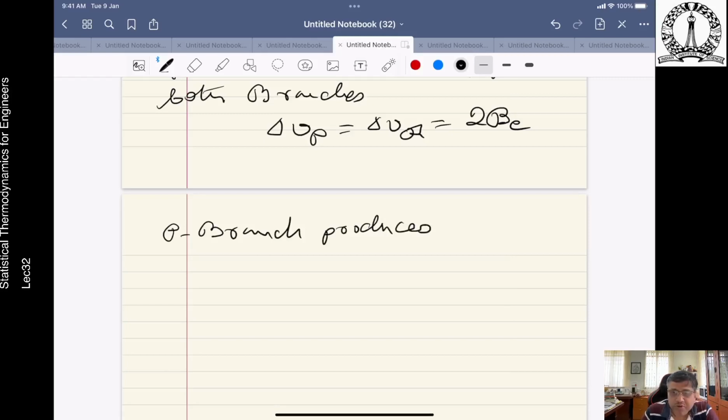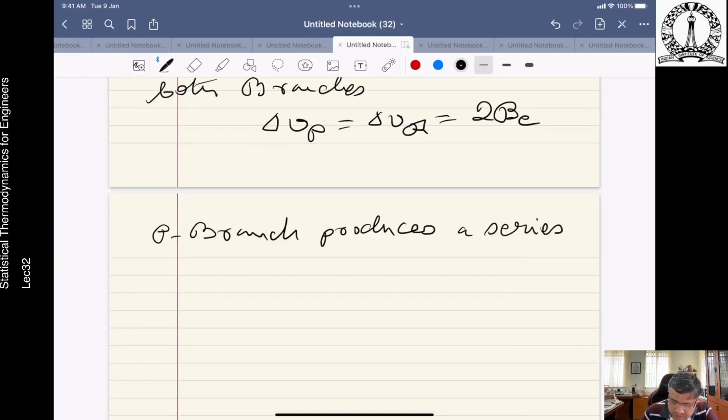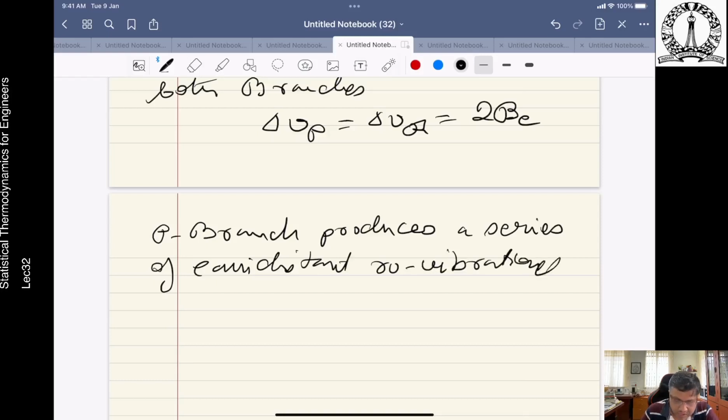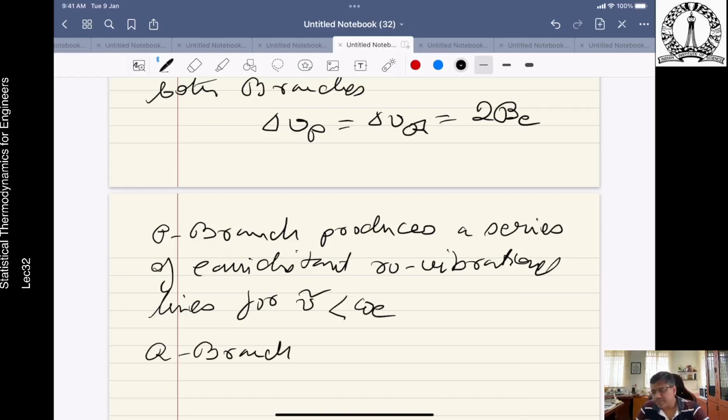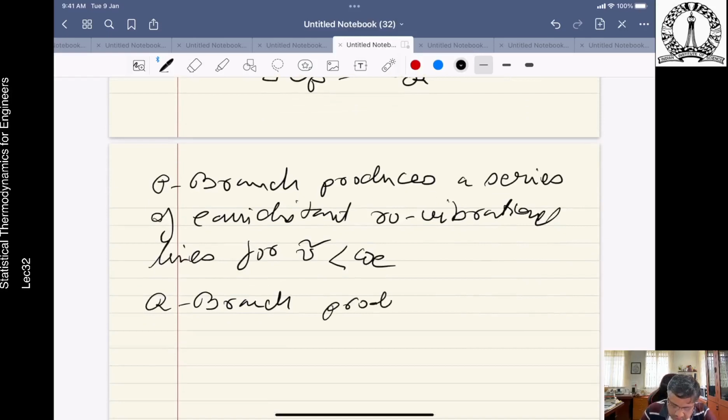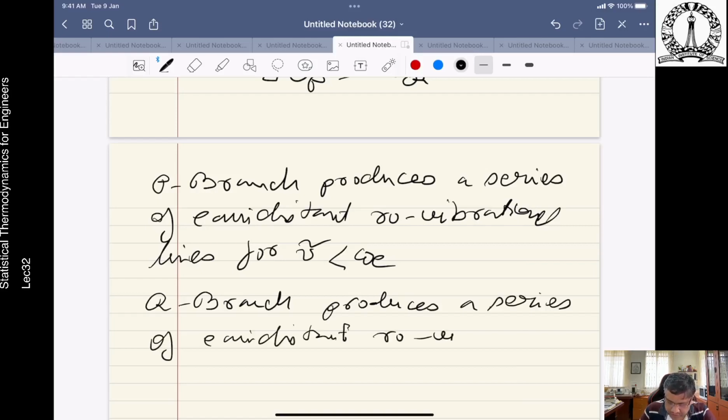We can see therefore that the P branch produces a series of equidistant Ro-vibrational lines for frequency less than omega e, whereas the R branch produces a series of equidistant Ro-vibrational lines for frequency greater than omega e.